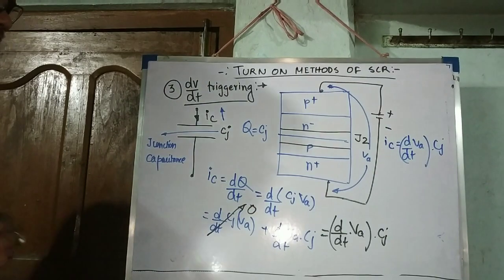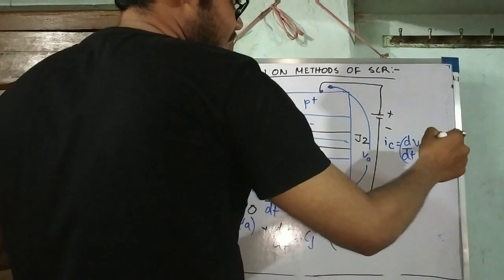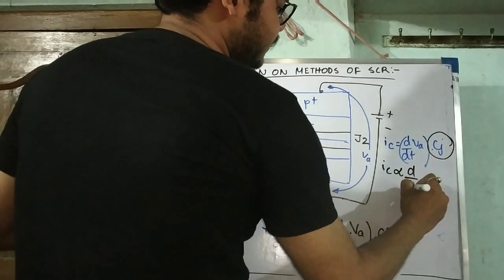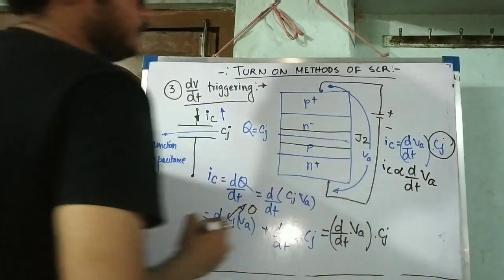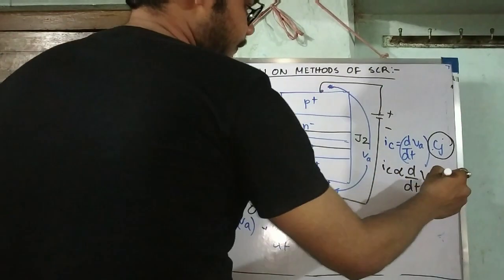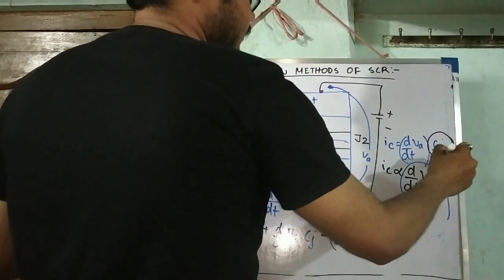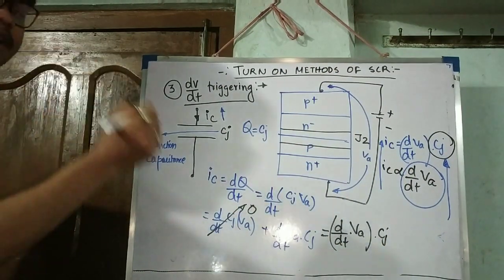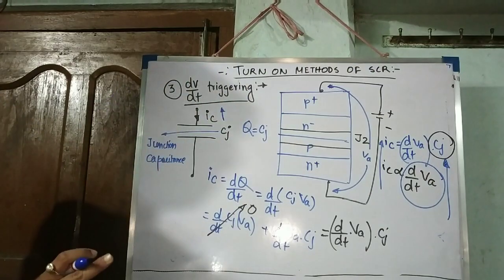Now as Cj is constant, the junction capacitance is constant. So IC is proportional to d/dt of VA. Okay. So if you increase this dV/dt, then IC is increased. That is known as your dV/dt triggering.